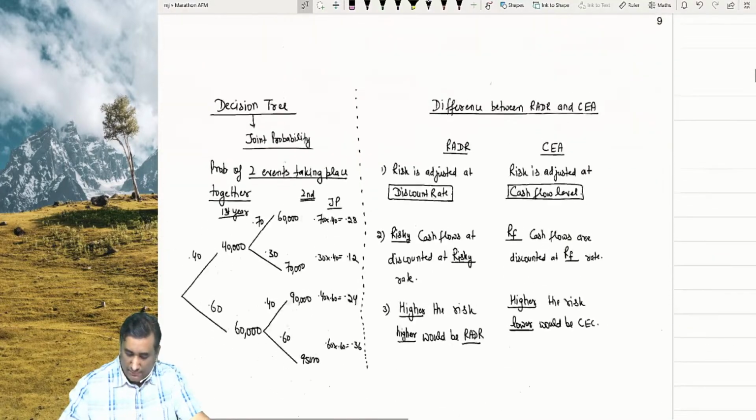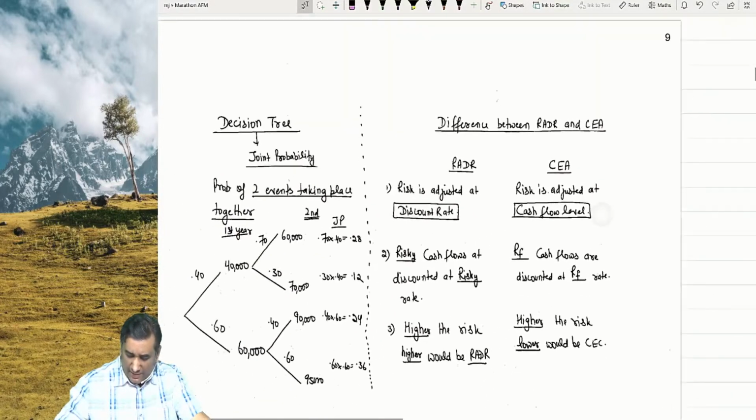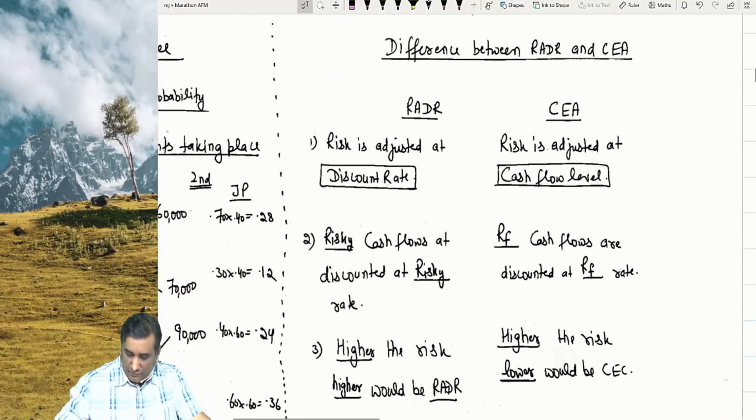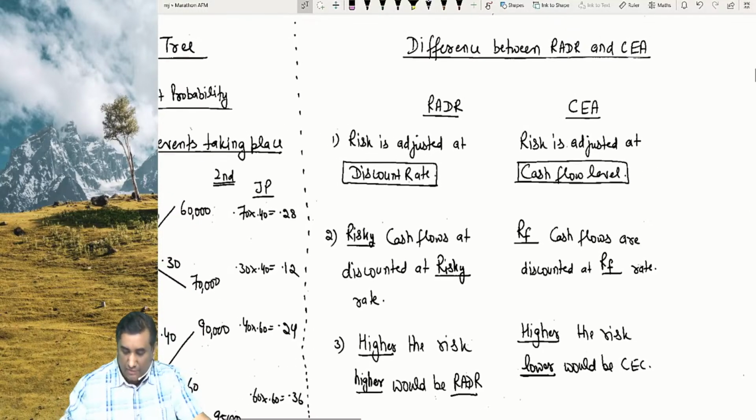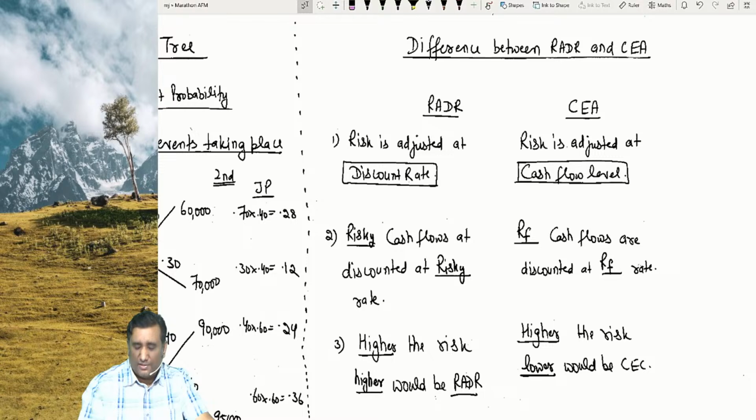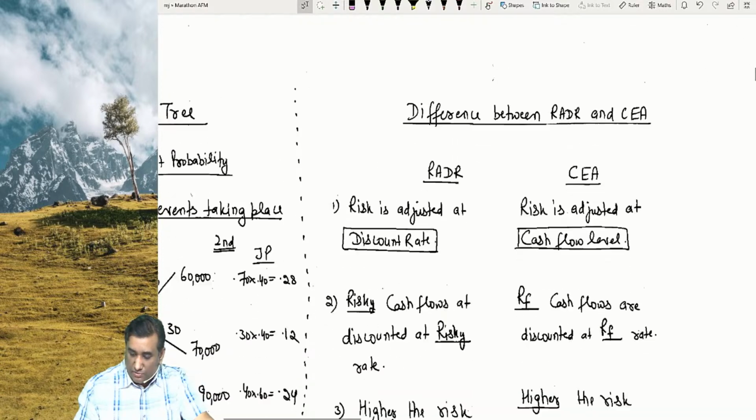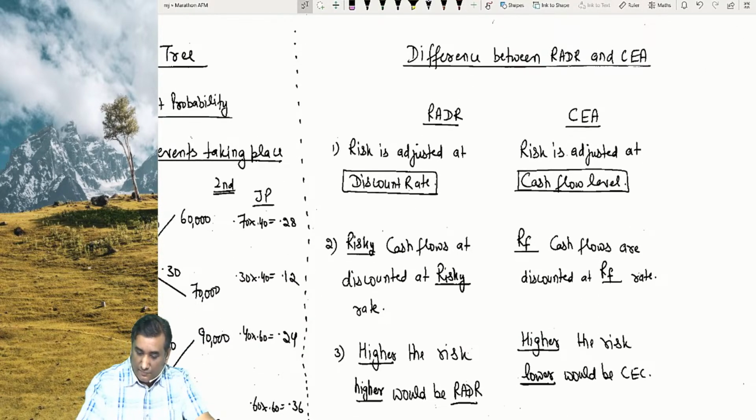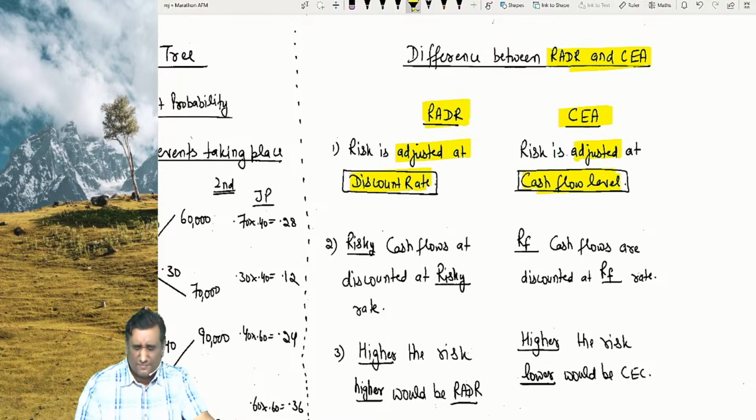Now moving forward, on the next slide I've just taken the difference between RADR and certainty equivalent approach. In RADR, risk is adjusted at discount rate. In CEC, risk is adjusted at cash flow level.